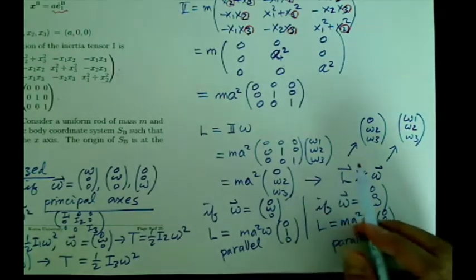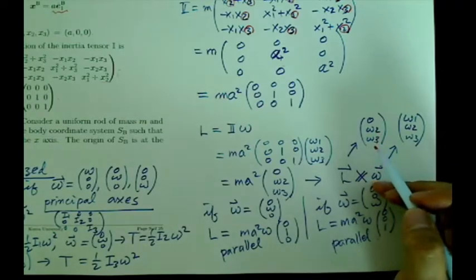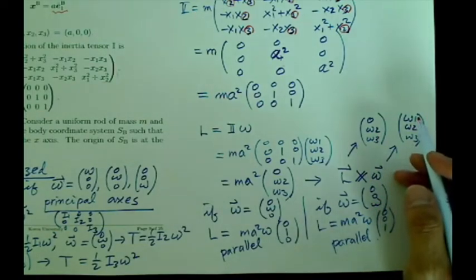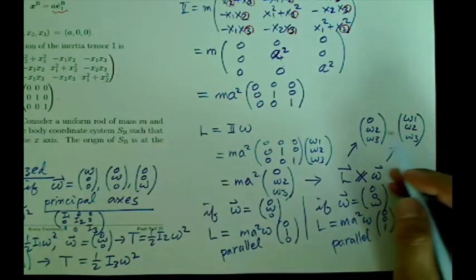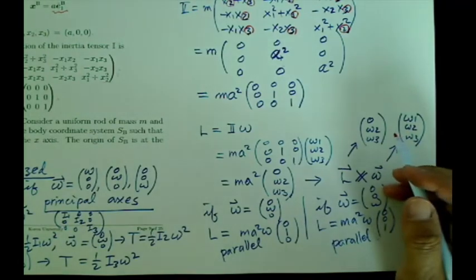Orbital angular momentum is parallel to 0, omega 2, omega 3. However, the angular velocity omega is parallel to omega 1, omega 2, omega 3. These two vectors are not parallel as long as omega 1 is non-zero.